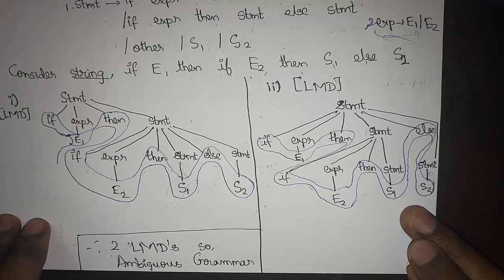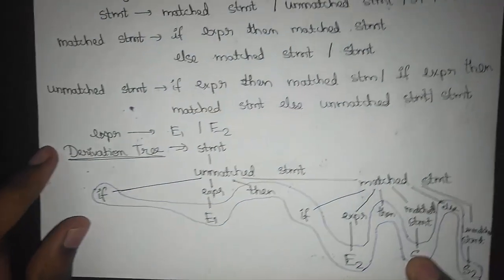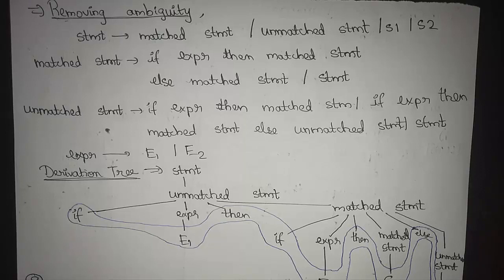So according to the rule, this is an ambiguous grammar. In order to resolve the ambiguity, we use both matched and unmatched statements. In the case of matched statements, we have the statement being terminated at some point. In the case of an unmatched statement, the statement is left open.